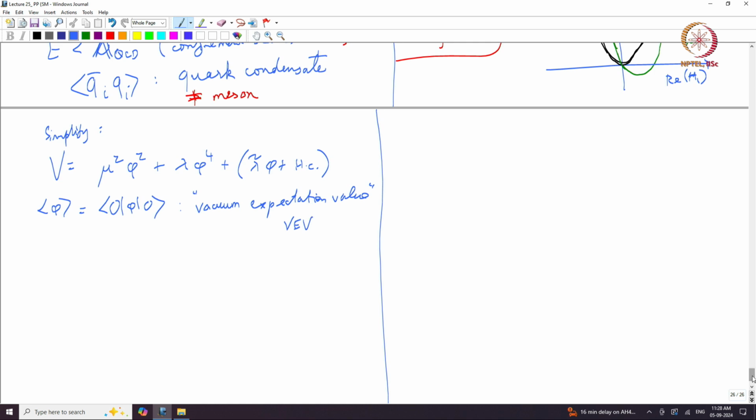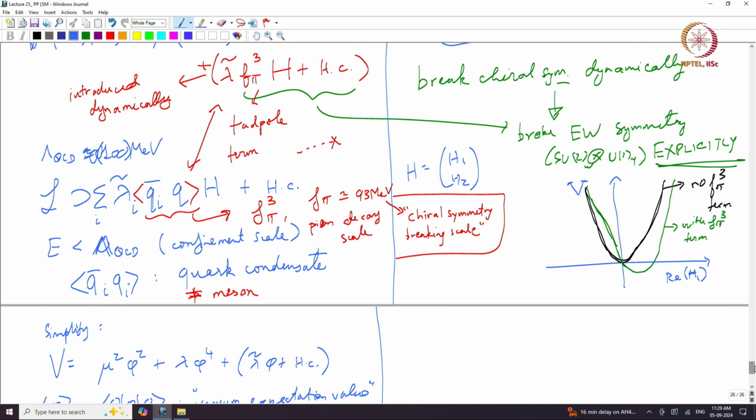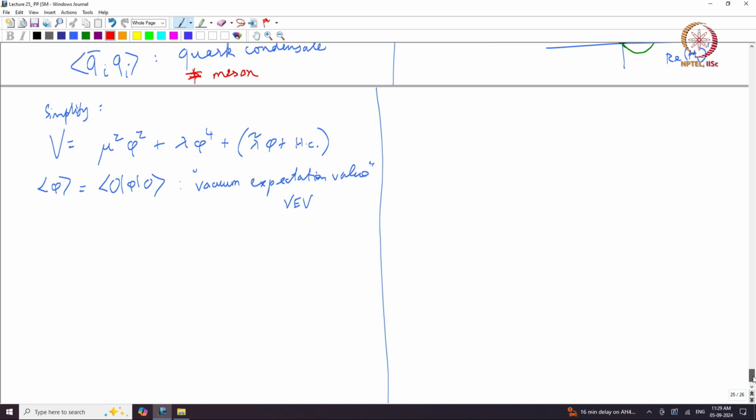Sometimes people just say VEV as the short form. So, even here when I wrote the q bar q, the meaning of it is that it is the vacuum expectation value of the q bar q. That is what it means.